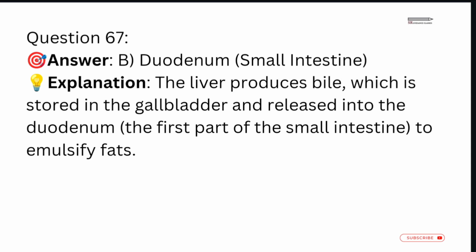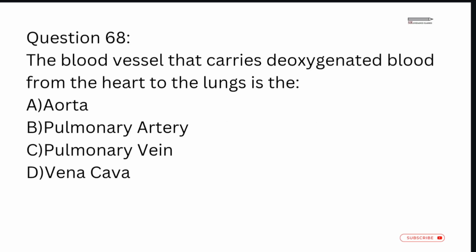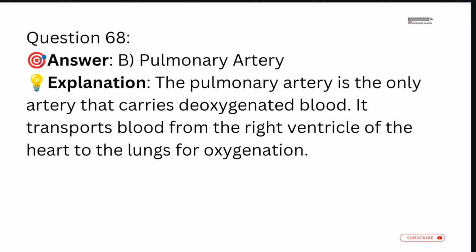The answer is option B, duodenum or small intestine. The blood vessel that carries deoxygenated blood from the heart to the lungs is the... The answer is option B, pulmonary artery.